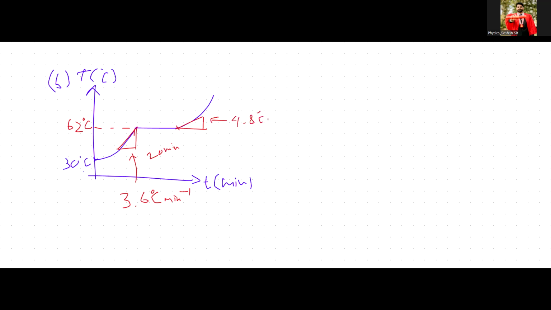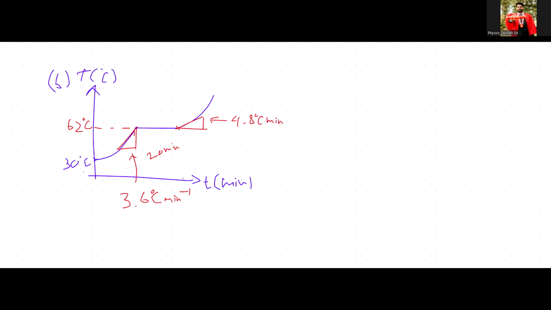I got some values here. Now, the specific heat capacity of solid wax used above is 1800 joules per kilogram per Kelvin. Okay, find the melting point. It is exactly 62, isn't it?